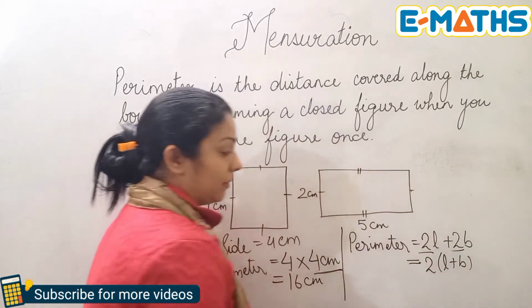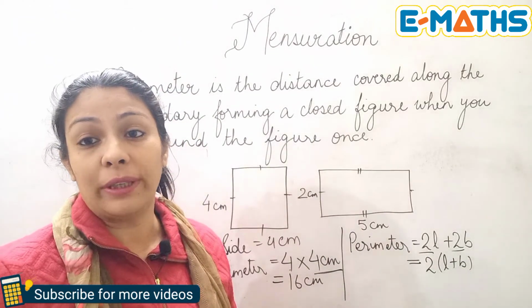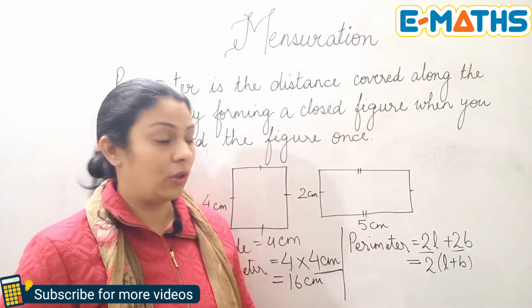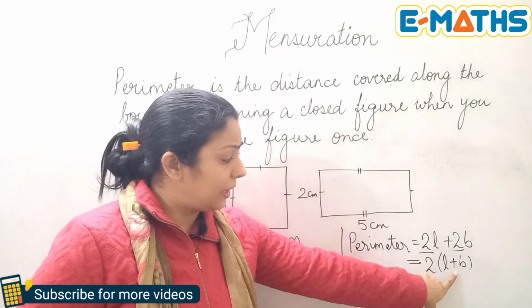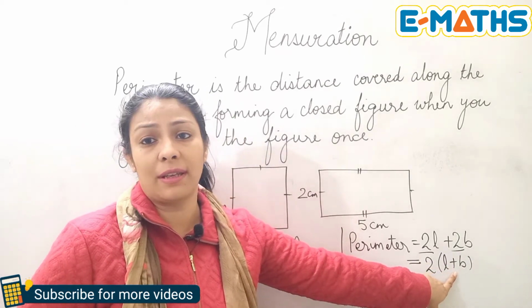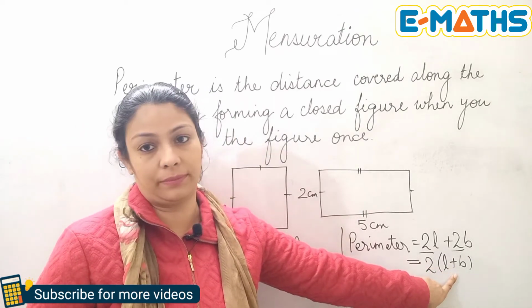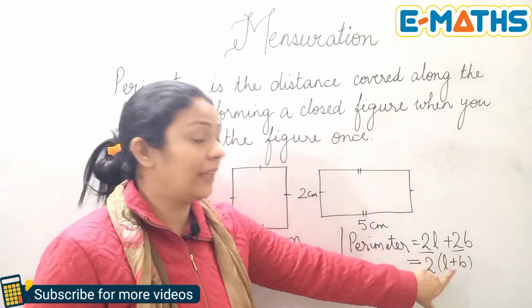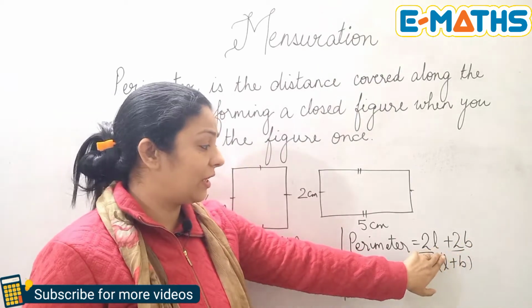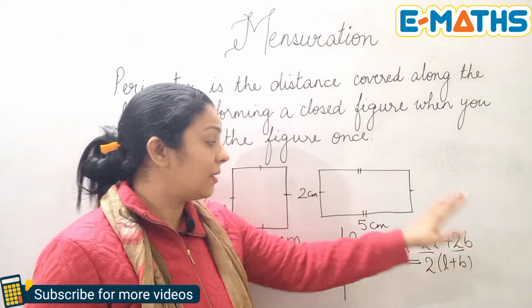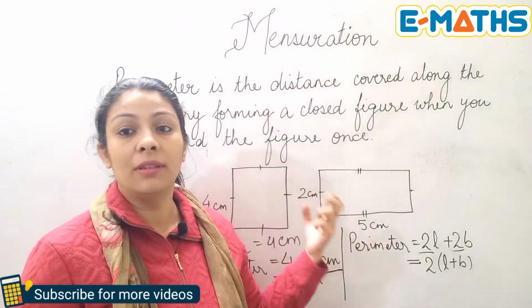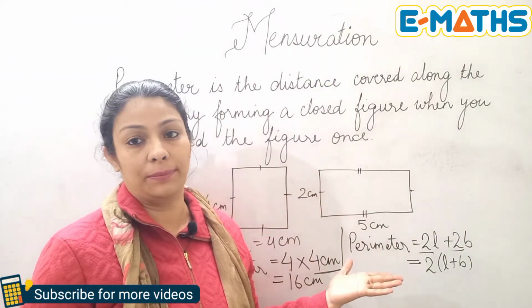Now, the common error that I came across was that children write down a multiplication sign here and then they get everything wrong. We are adding up all the sides and we have taken twice the length and twice the breadth because we have 2 lengths and 2 breadths here.